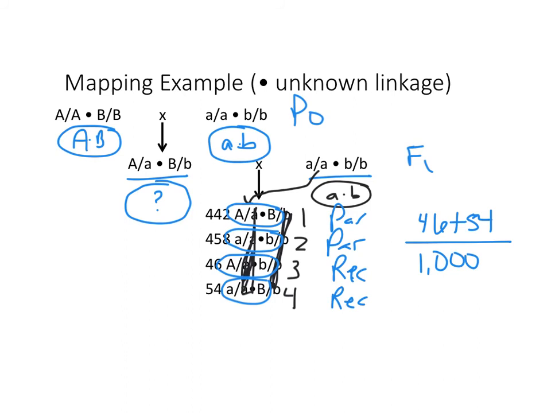So what's the genetic distance between A and B? 10, I heard 10 centimorgans. This is 100 divided by 1,000, or 0.1 recombination fraction. Multiply that by 100, 10 centimorgans or 10 map units. Okay, so A and B are 10 centimorgans apart.